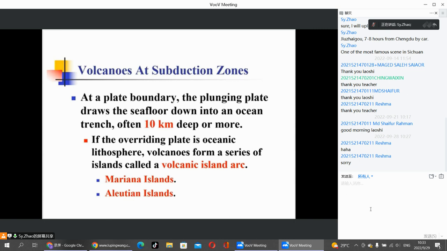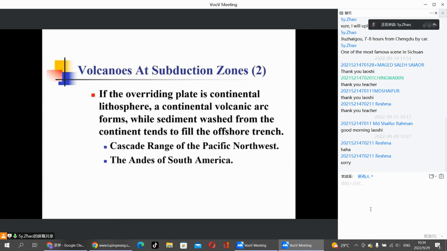And volcanoes frequently form at subduction zones. At a plate boundary, the plunging plate draws the seafloor down into an ocean trench, often 10 kilometers deep or more. If the overriding plate is oceanic lithosphere, volcanoes form a series of islands called a volcanic island arc, like the Mariana Islands or the Aleutian Islands.